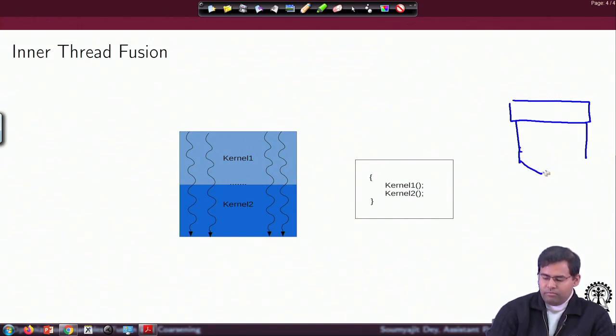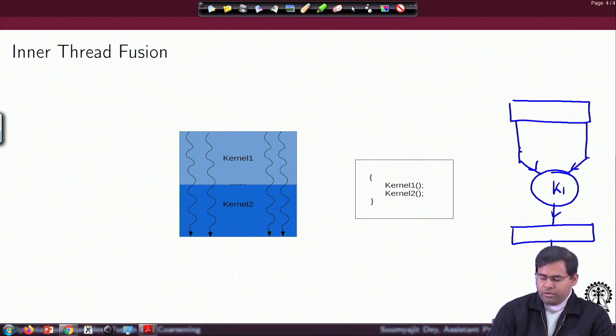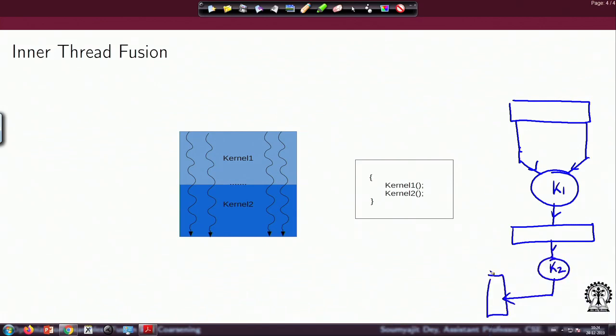This data stream would be operated by kernel 1, written to some output buffer, and then read by kernel 2, and then output again to some output buffer.